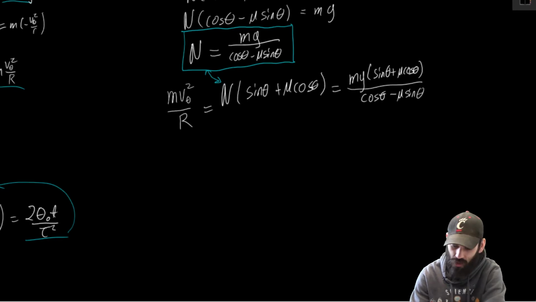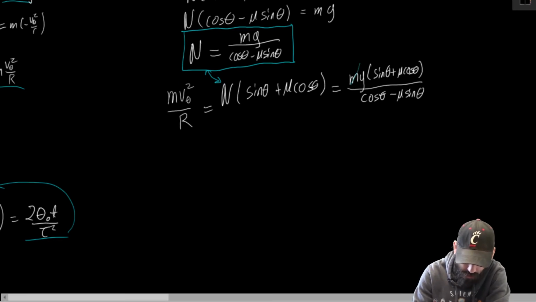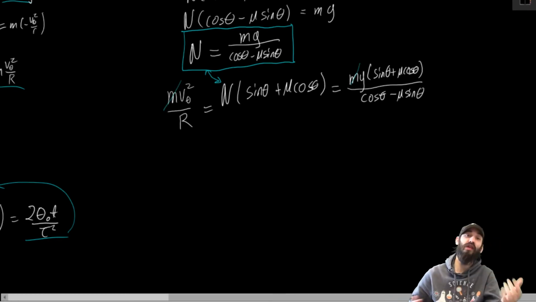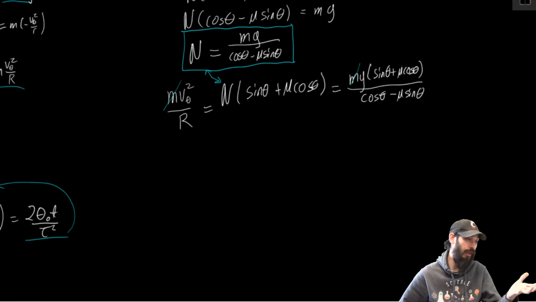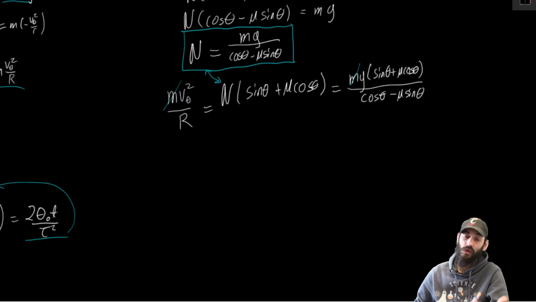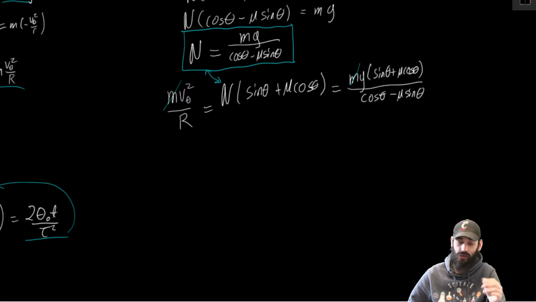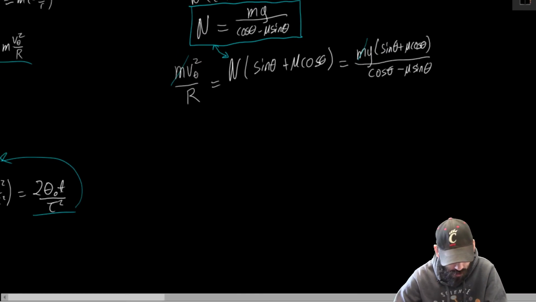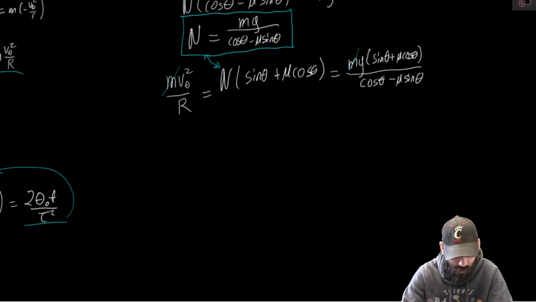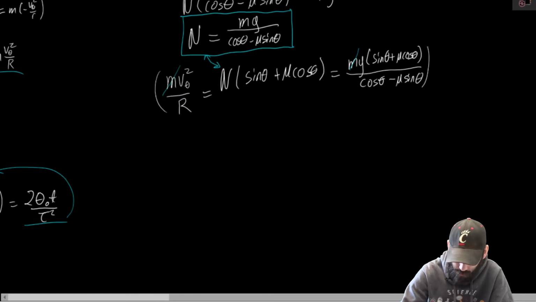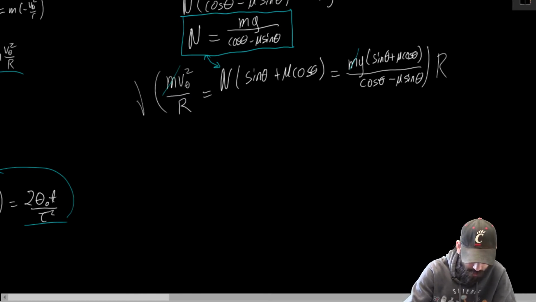We're almost there. Now all we need to do is solve for v theta. We can cancel an m, because like I said, I didn't give you the mass, and it turns out you actually don't need it. So this works whether it's a bus or whether it's a small car or if it's a bicycle. This all works the same, provided that the free body diagram holds for any approximations we're making. And then we can multiply both sides by r and take a square root.